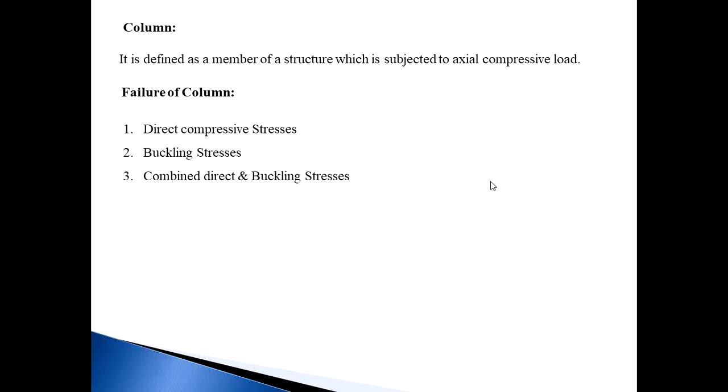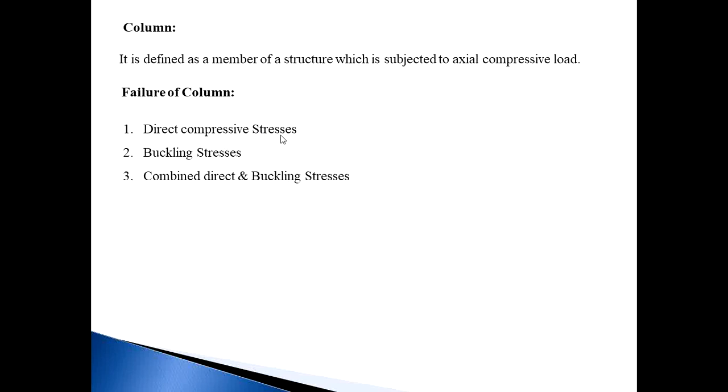Then failure of column. Failure of a column depends upon the failure pattern or the stresses induced in the column. First is direct compressive stress, second is buckling stress, and third is combined direct and buckling stress. These three are the types of failure of the column.